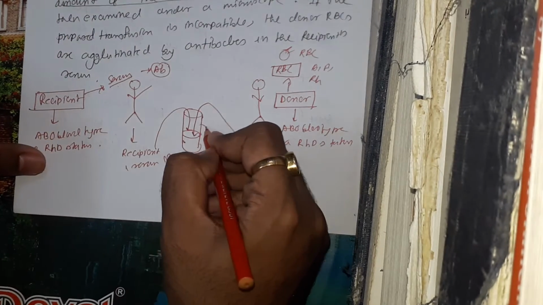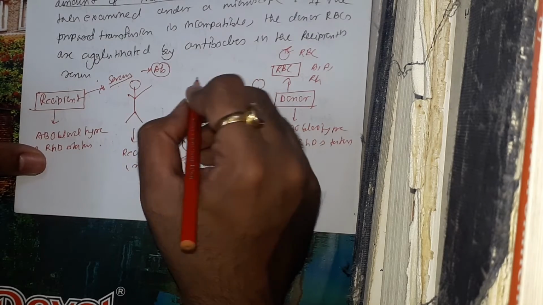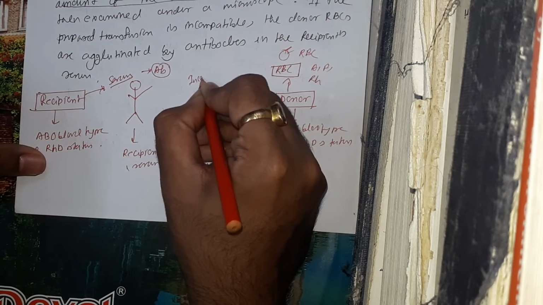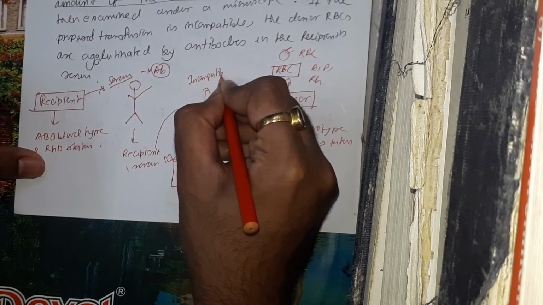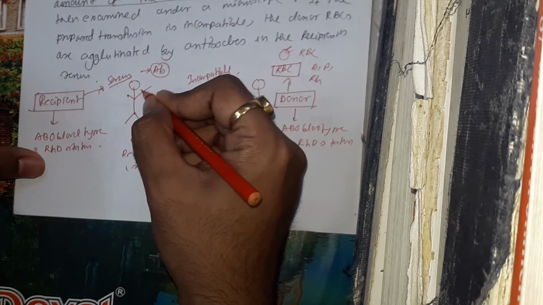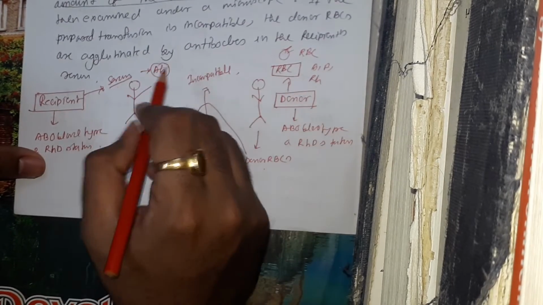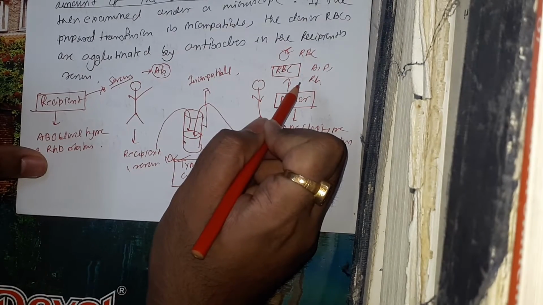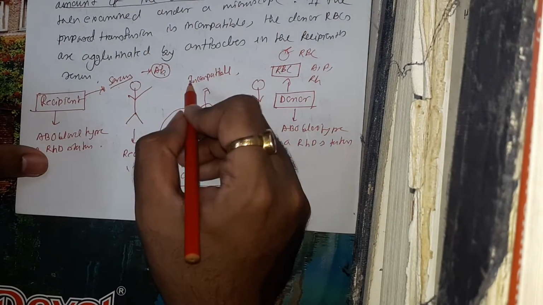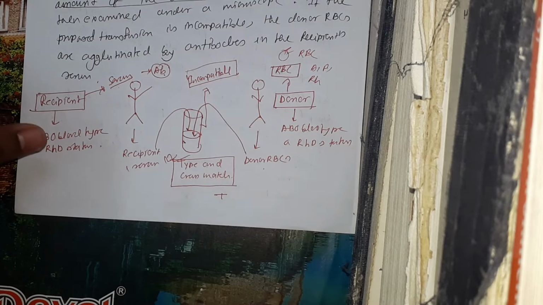If the proposed transfusion is incompatible, that means the recipient serum has an antibody that can interact with some antigens on the RBC. If so, then we can say the proposed blood transfusion can result in agglutination and can be dangerous to the recipient. So that is the overall idea of type and cross match.